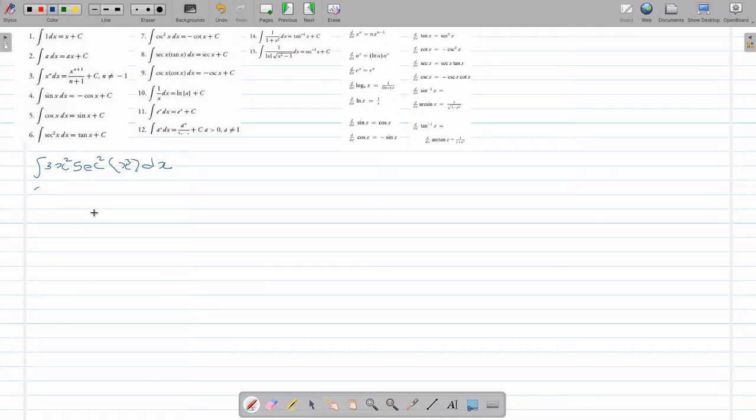So, okay, so this side is differentiation, this side is integration.